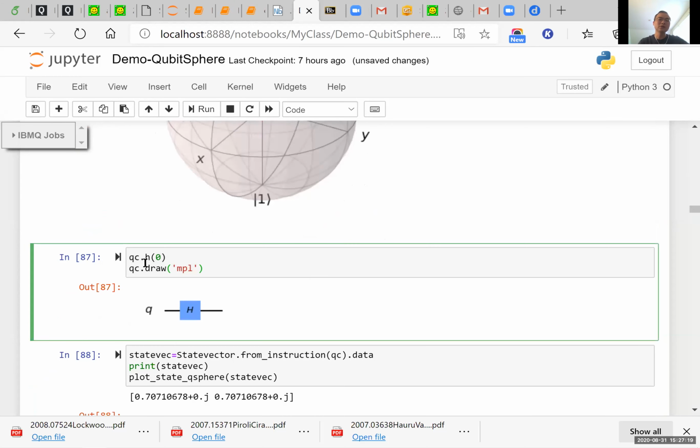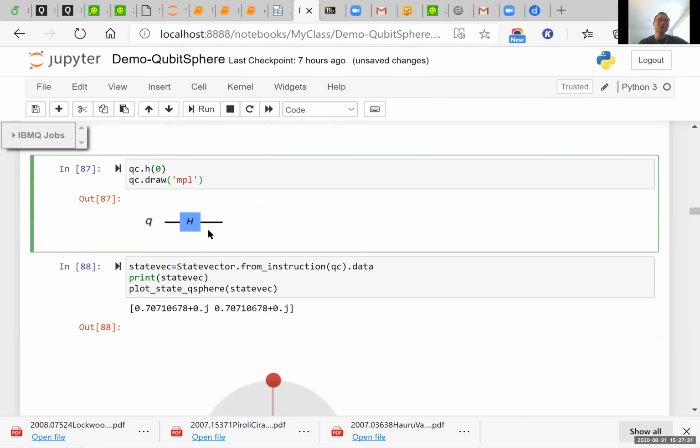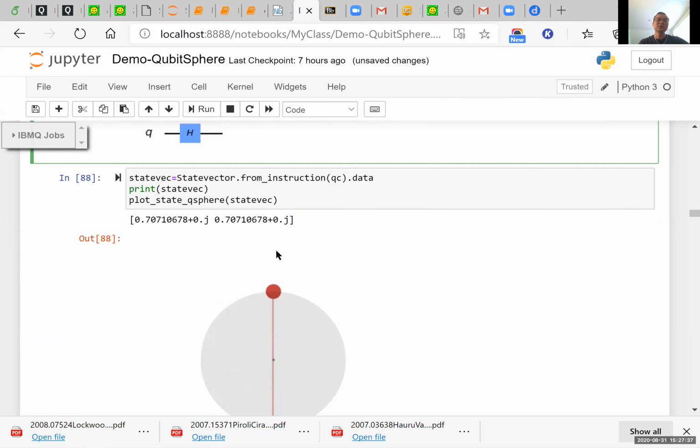So I can also see how the quantum state evolves. I apply this syntax, basically quantum circuit dot h, meaning that I'll apply a Hadamard gate, and applying the Hadamard gate to 0 will turn it into the plus state.